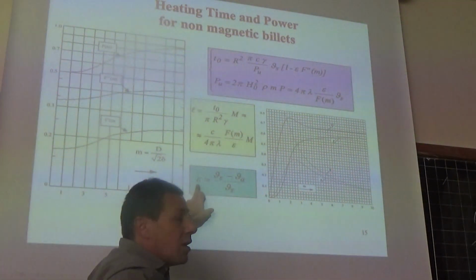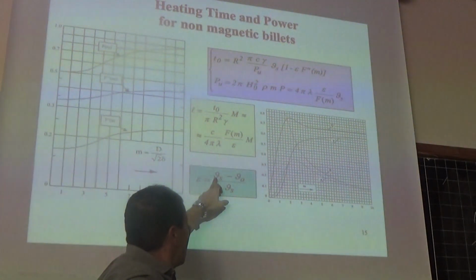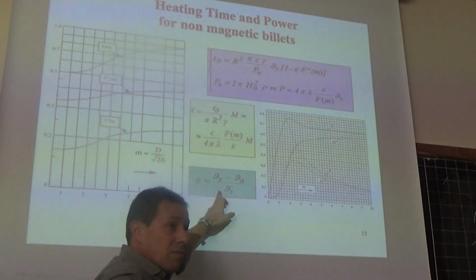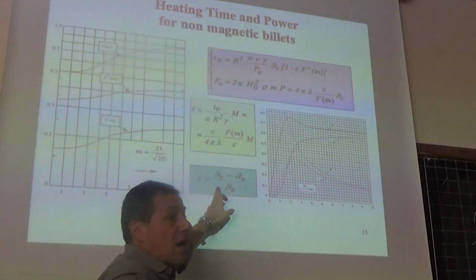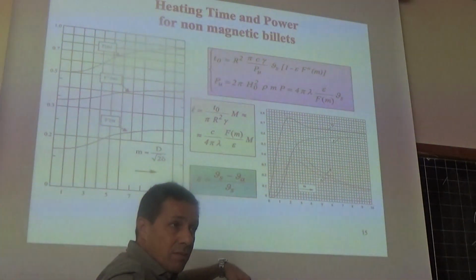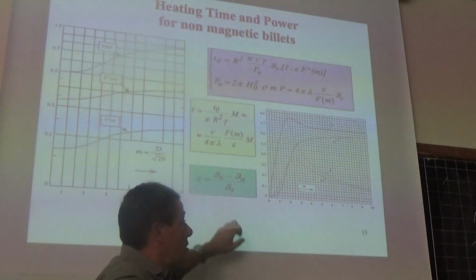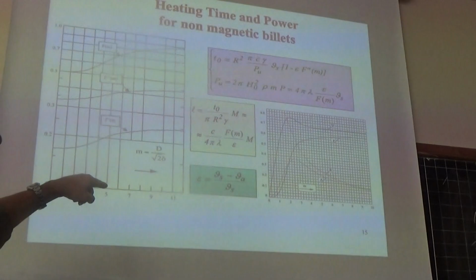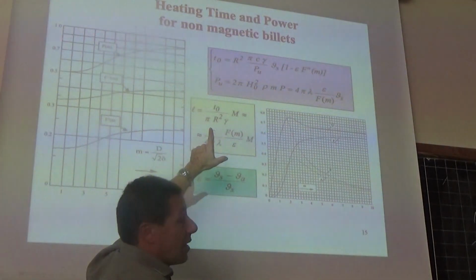If we fix the temperature difference, this is a relative temperature difference, Zs minus Za ratio Zs. 0.1 means 10%. So if I have 1000 degrees on the surface, we have 900 degrees on the core. Okay? So these are the percentage values of the temperature difference. And then, starting from this parameter, I can choose the time.